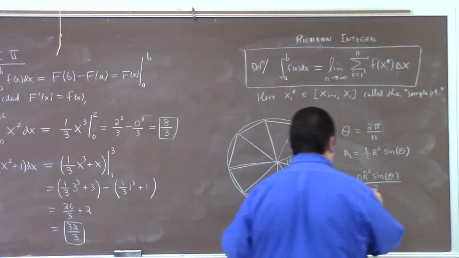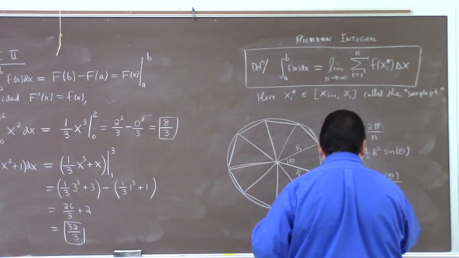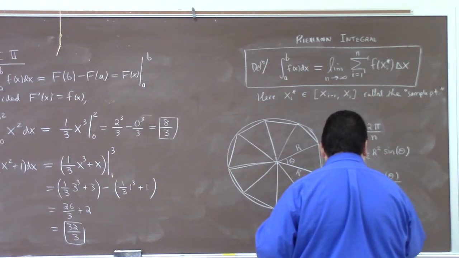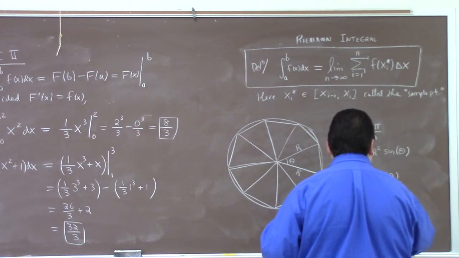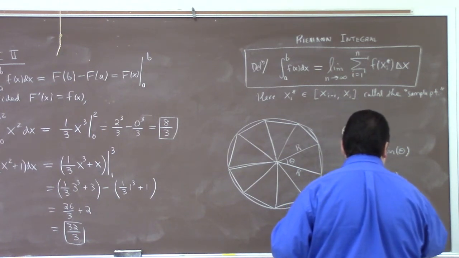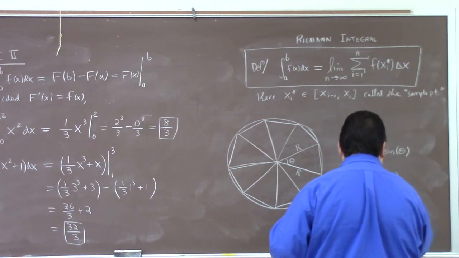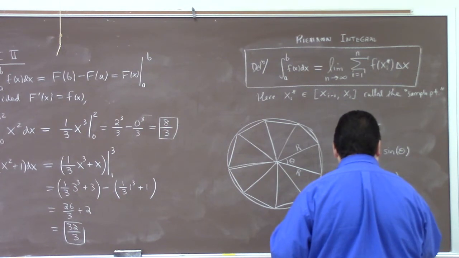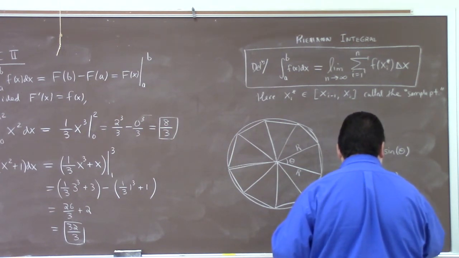What is that? That's r squared over 2 times the sine of 2 pi over n, divided by 2 pi over n. I'm going to say 2 pi over n, and put a pi up here.